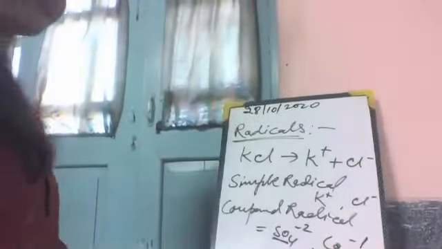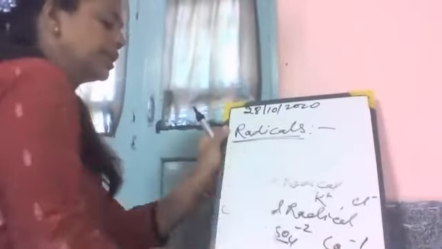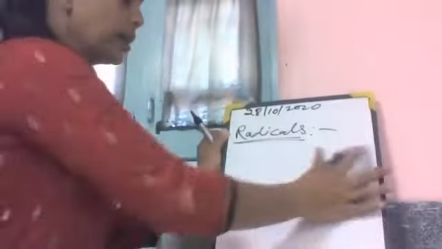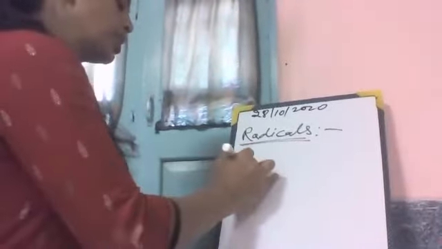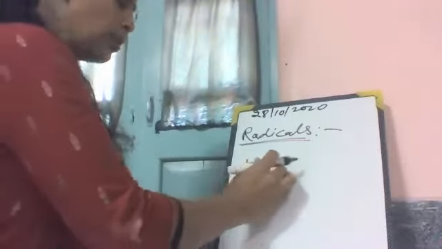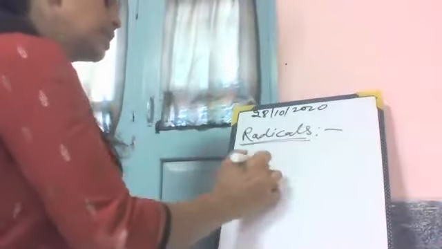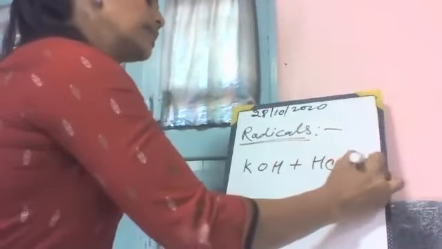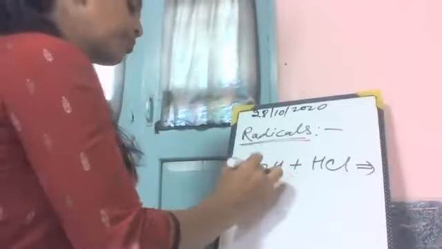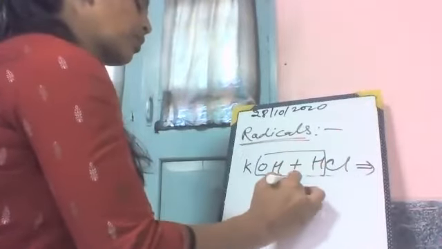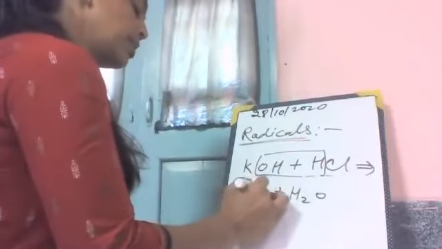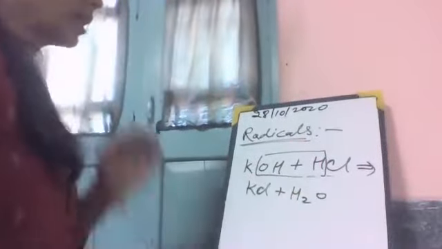Here is a reaction, a neutralization reaction. A neutralization reaction takes place between an acid and a base to neutralize each other. Here is potassium hydroxide, KOH. KOH reacts with hydrochloric acid and forms water and KCl. Right?